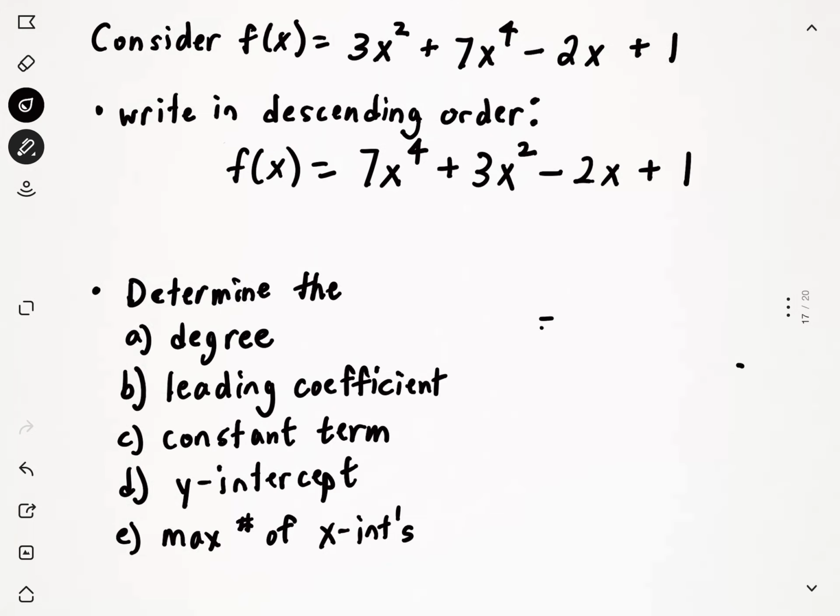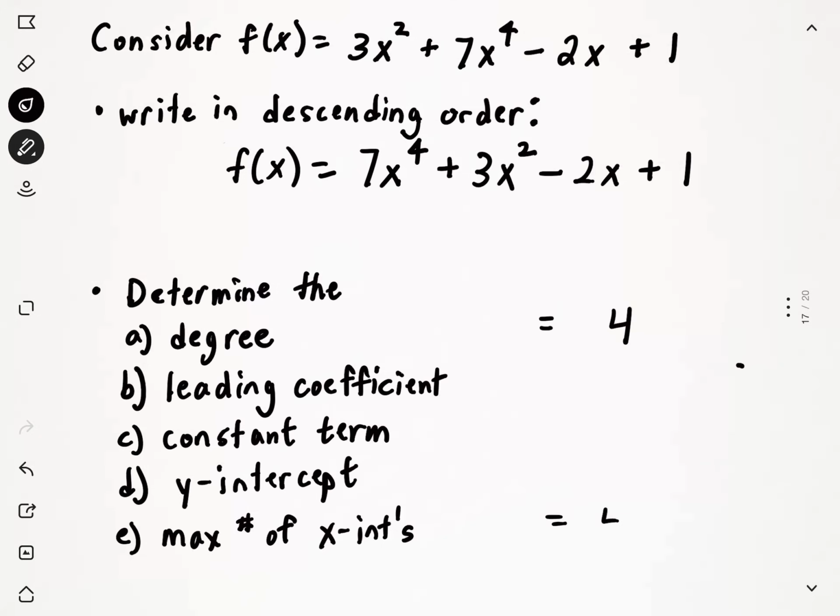The degree of any polynomial is equal to the value of the highest exponent, which in this case is 4. This is a degree 4 polynomial. And of course, if your polynomial function is written in descending order, it's going to show up as the first term. Also, related to that, at the very bottom here, we're asked for the maximum number of x-intercepts.